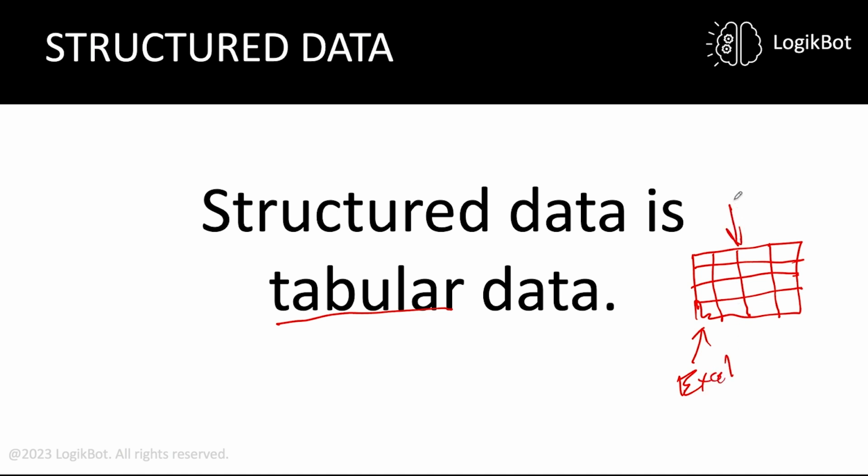Think of a table in a relational database. This is structured data. This is about 80 to 90% of all machine learning in the real world. So structured data is tabular data. Think Excel spreadsheet, think table in a relational database.